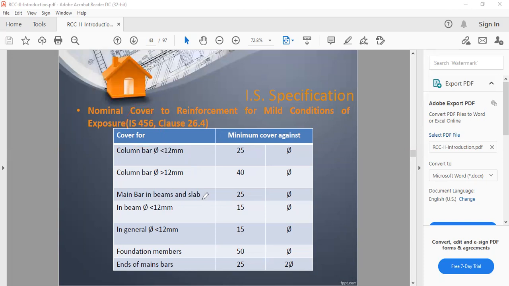For the main bar in beams and slabs, generalized, you can say 25 mm should be the cover.